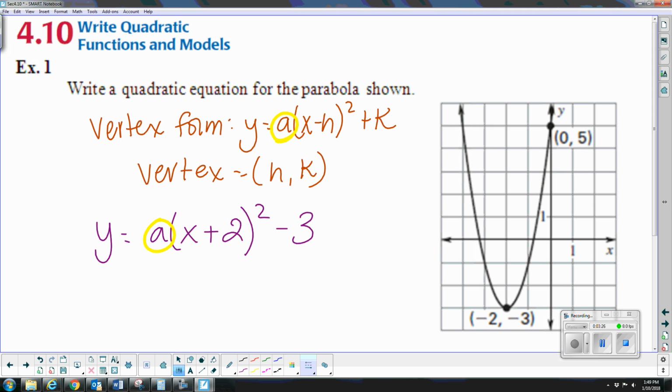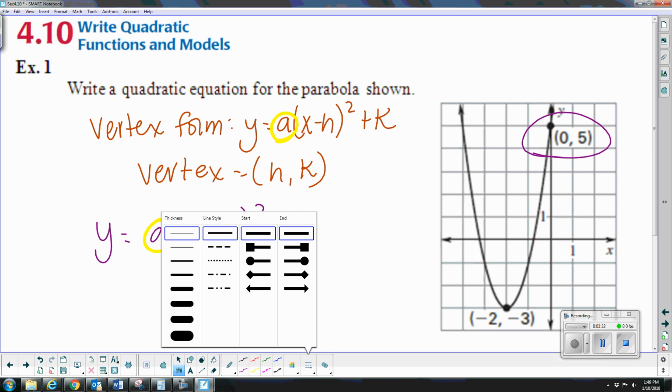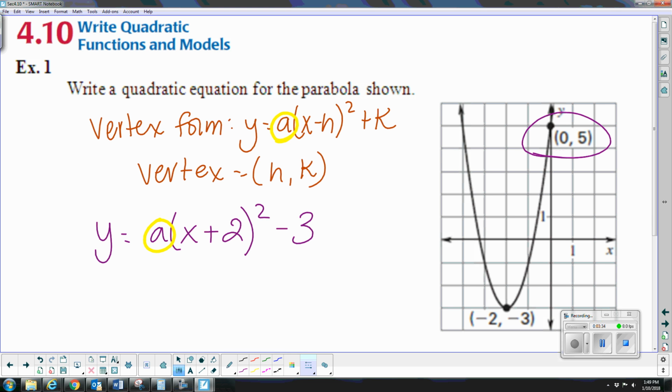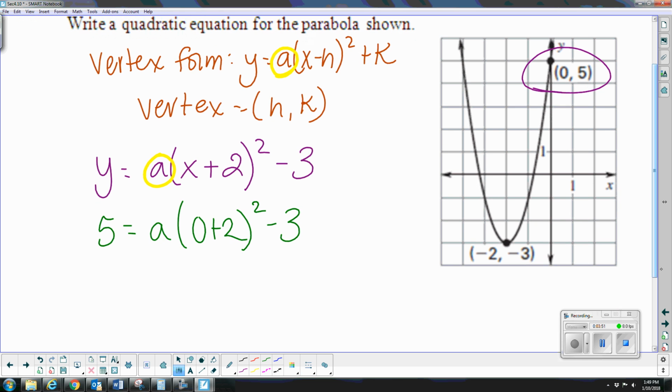So we have this other point that lies on our parabola, (0, 5). So let's go ahead and plug that in for x and y. X is 0. When x is 0, y is 5. So 5 equals, we still don't know our a, but it's a times 0 plus 2 squared minus 3. And now we can simply just solve for a.